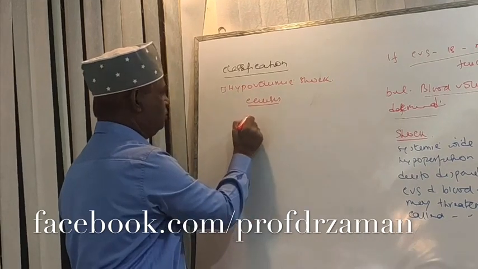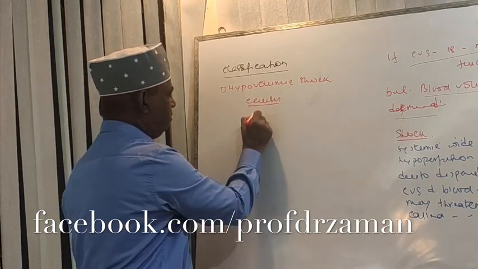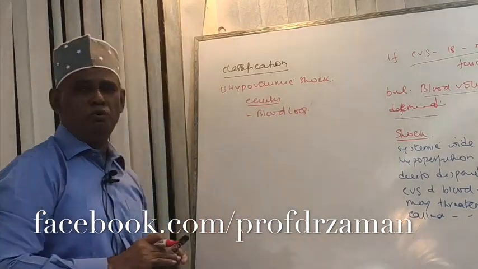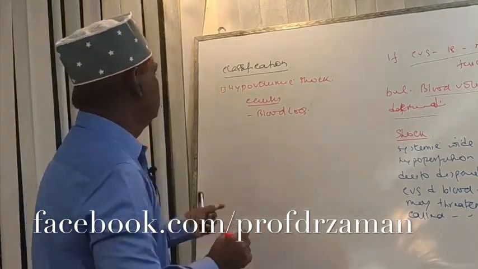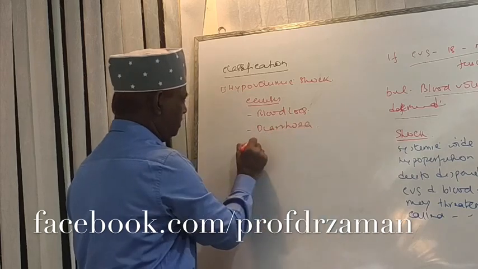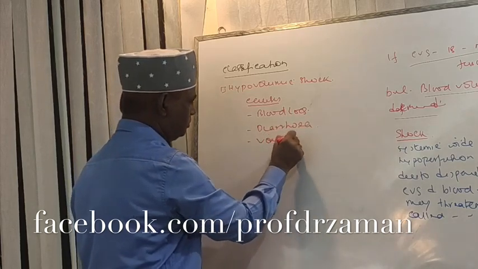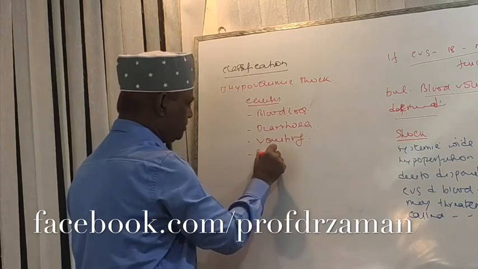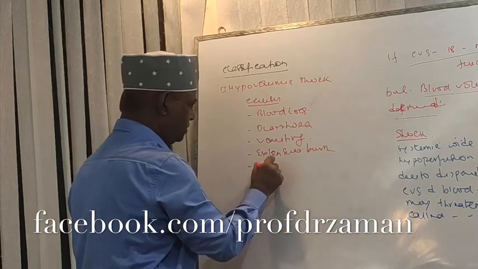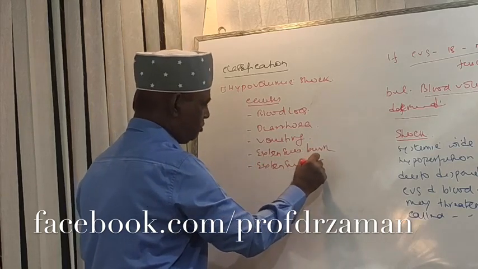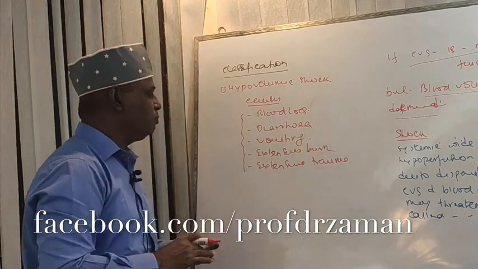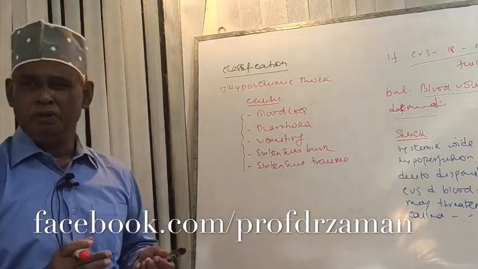Causes of hypovolemia: blood loss, that is acute blood loss, diarrhea, excessive vomiting, extensive burn, extensive trauma. These are the different causes of hypovolemia, that is, the causes of decreased blood volume.